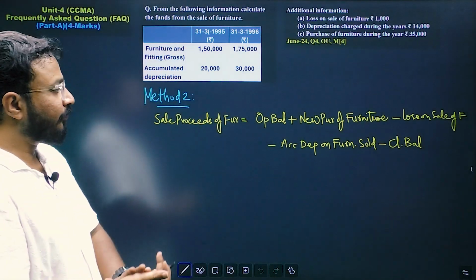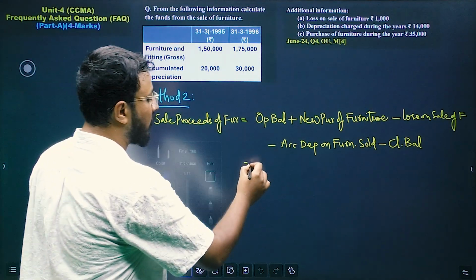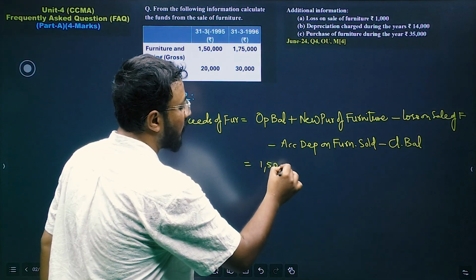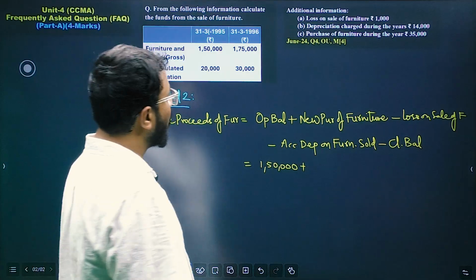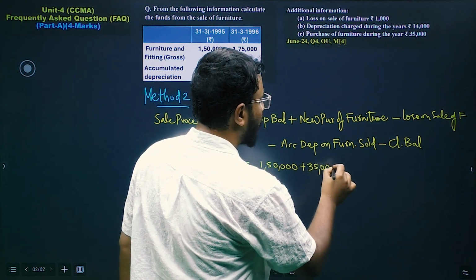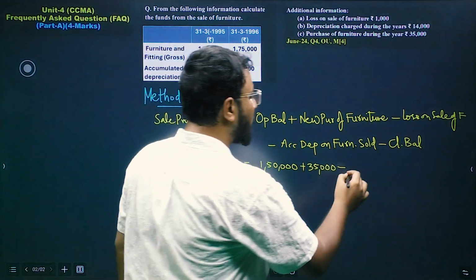Look at the మనకి ఏం కావాలి ఇప్పుడు? Let's plot the information whatever we have. We have the opening balance of furniture as 1,50,000. Okay. And we have the new purchases information ఎంత ఇచ్చాడు? 35,000. Minus loss on sale of furniture is already given 1,000.